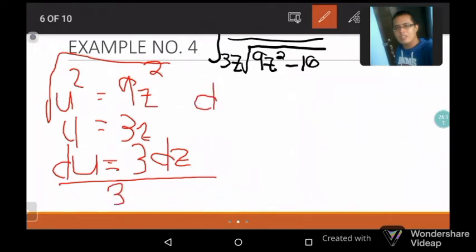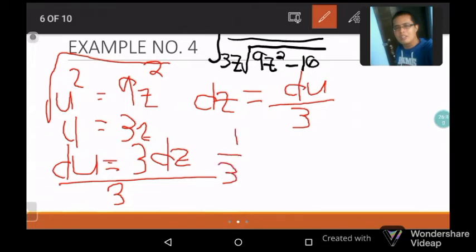So, du over 3, so ilabas natin 1/3. Okay, so yung formula natin, arcsecant, multiplied by 1 over a. Ang a natin is, so a squared, which is equal to 16. And a is equal to 4. So, 1/4 arcsecant.